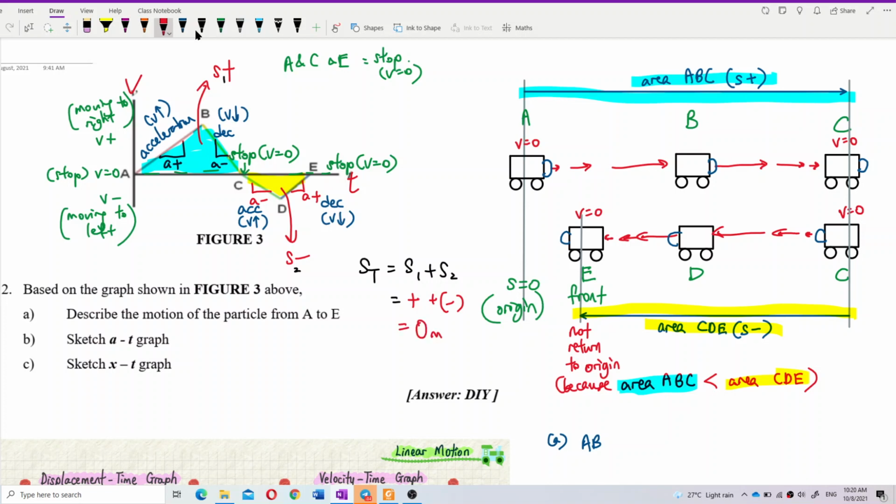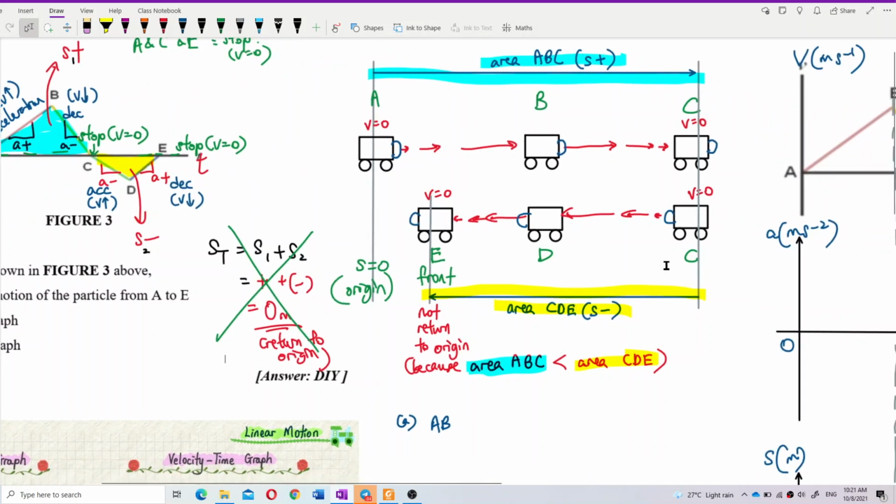Do you get 0 or not? If you get 0, it returns to origin. If not 0, it does not return to origin. Of course, here we can see the areas are not equal, so it does not return to origin. The answer is it doesn't return to origin.